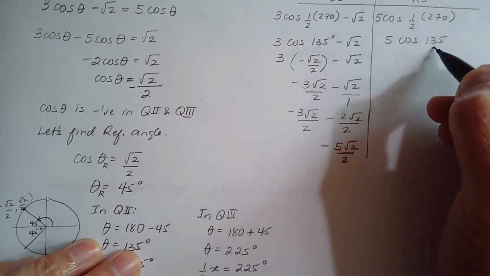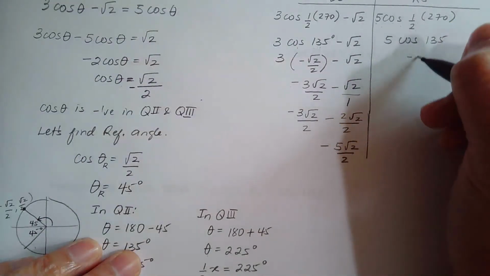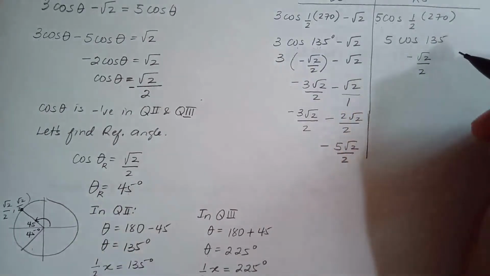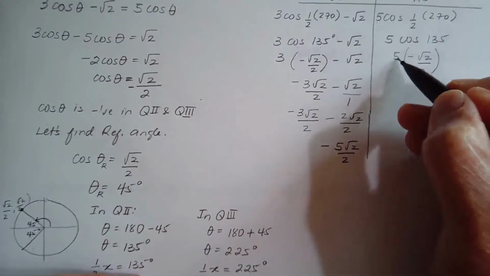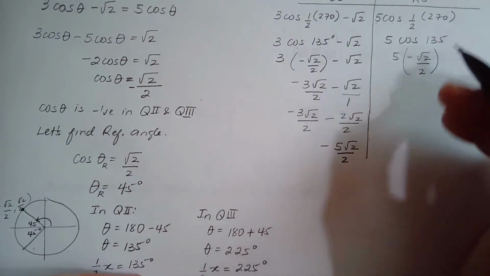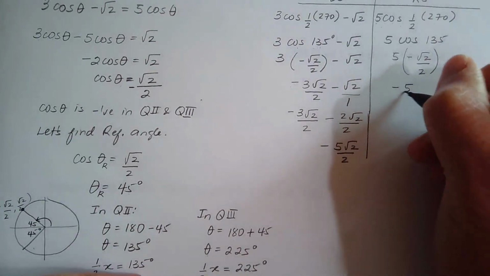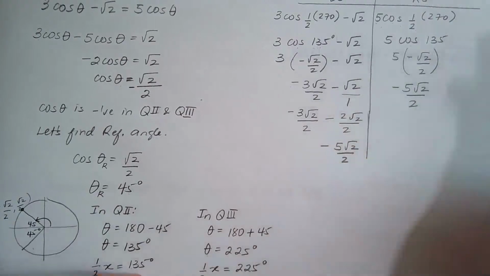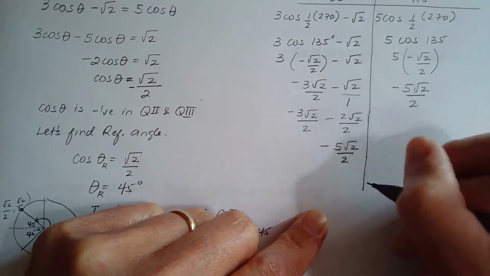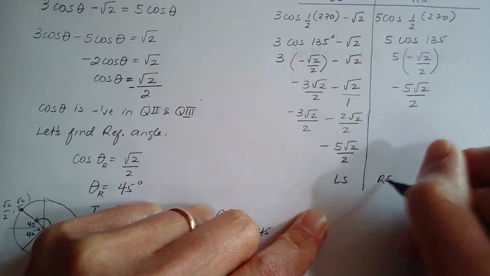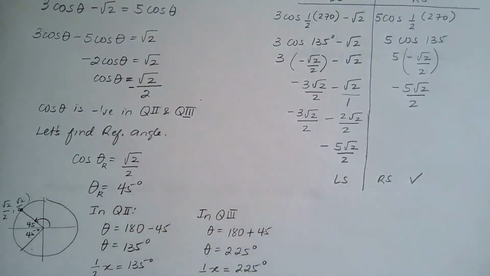Well, cos of 135 is negative root 2 over 2. And we're supposed to multiply that by 5. So 5 times negative root 2 over 2 is negative 5 root 2 over 2, which means the left side is equal to the right side. So that means our answer is correct.